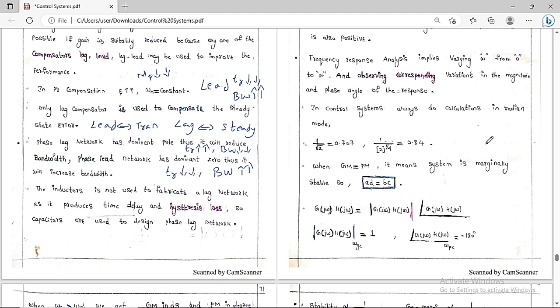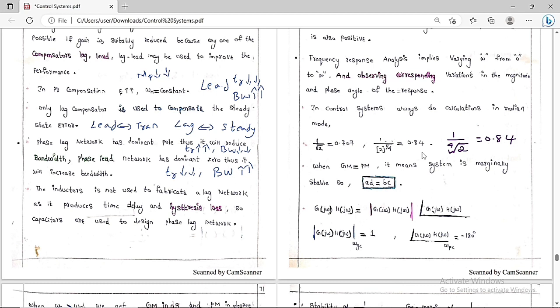The next point is, 1 by root 2 is nothing but 0.707, and 1 by the 4th root of 2 is equal to 0.84. Listen carefully, and keep this in your mind.